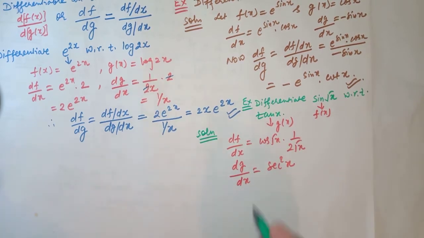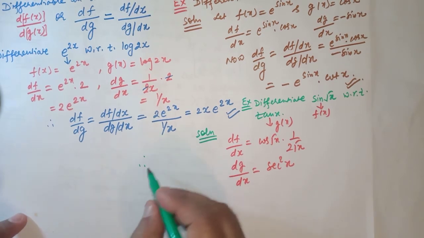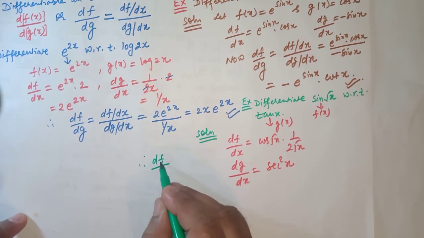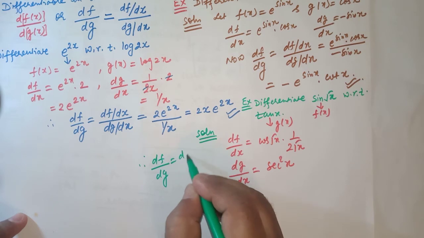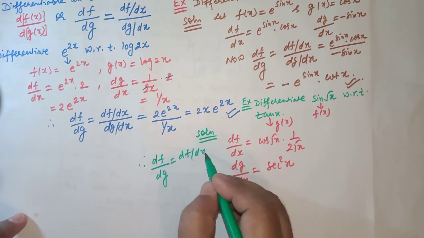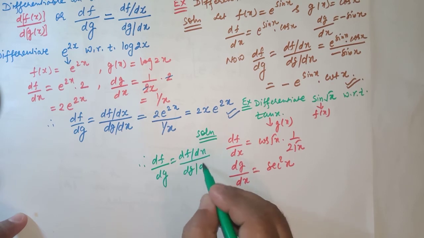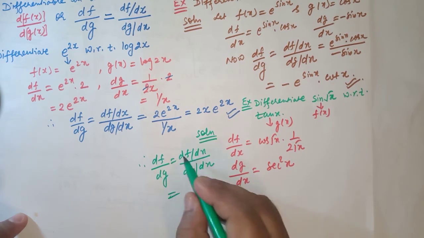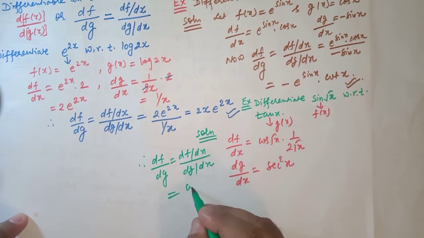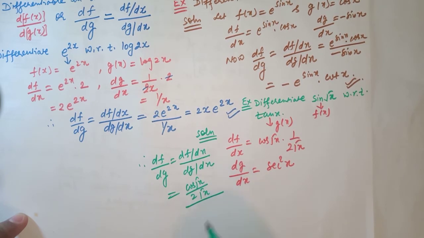So therefore the derivative of f with respect to g is df with respect to x divided by dg by dx. So what is df over dx? It is cos root x over 2 root x divided by secant square x.